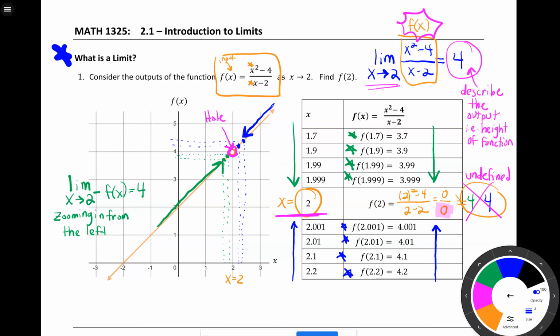And then on the other side, as I zoomed in from the right, it's also getting close to 4. So we have notation for that too. We're going to say it's the limit as x zooms into 2 from the right. So we put a little plus sign there to show we're zooming in from the right. So let me write that down. This is zooming in from the right.